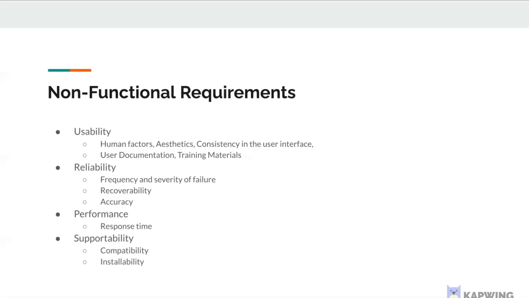Also, for accuracy, our system should be 99% accurate in its location information because we're a map-based application. It's very important for us. Also for the performance, we say that our response time should be no greater than 2 seconds for page flipping.